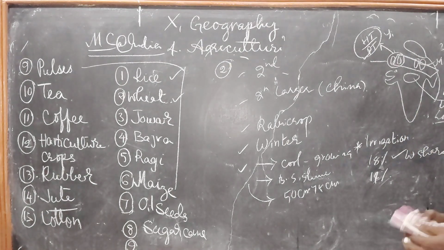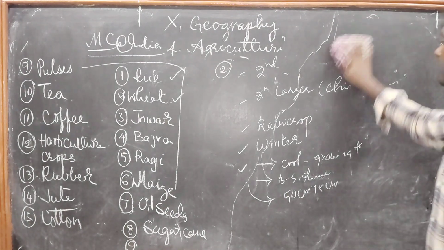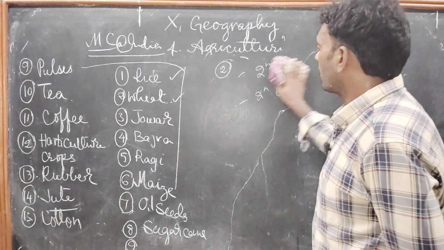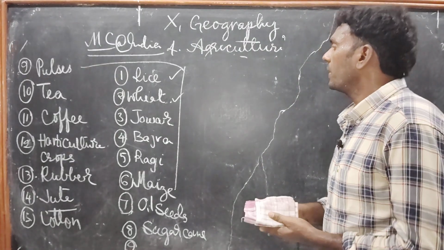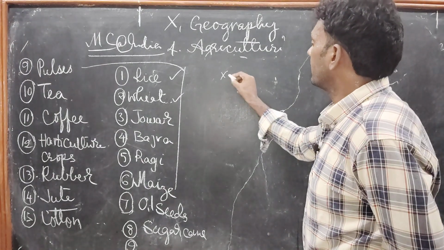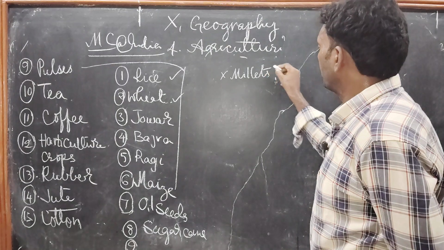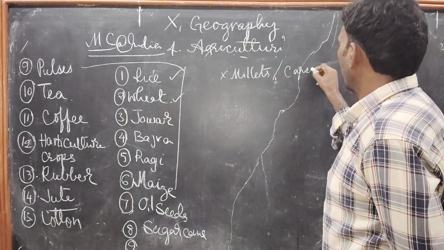Coming to next crop, that is about jowar. Already we discussed jowar, bajra, ragi, and maize come under millets. Millets are coarse grains.